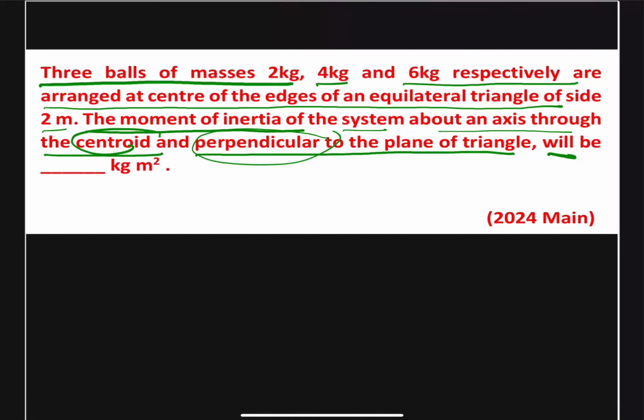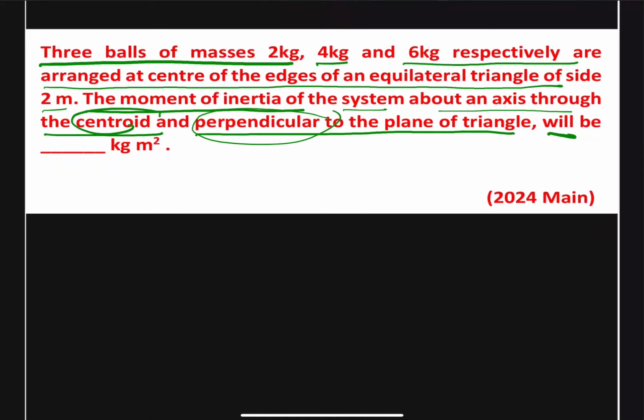So first of all, let us draw the approximate figure. So we are having an equilateral triangle, and the masses are given at the center of the edges. So let us suppose this is our 2 kg and this is our 4 kg, and here we are having 6 kg.